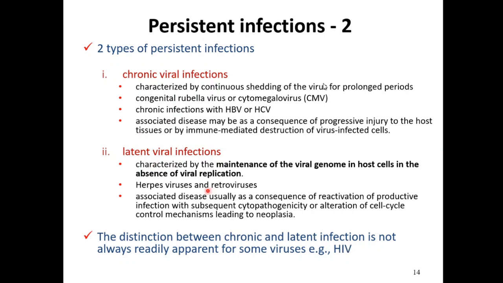Once integrated in the host genome, it can be quiet. It can be like nothing is there, no replication, nothing. But it can also be reactivated and start replicating its genome, thus leading to a chronic viral status and shedding the viruses in blood easily.